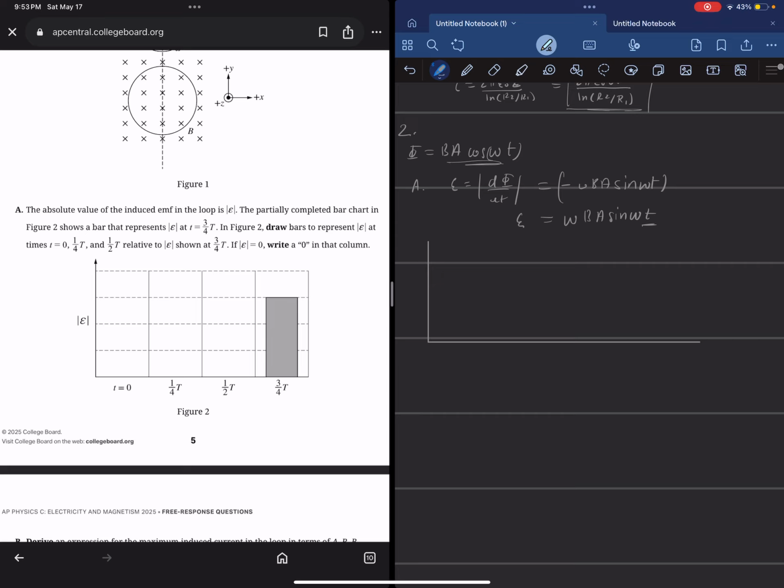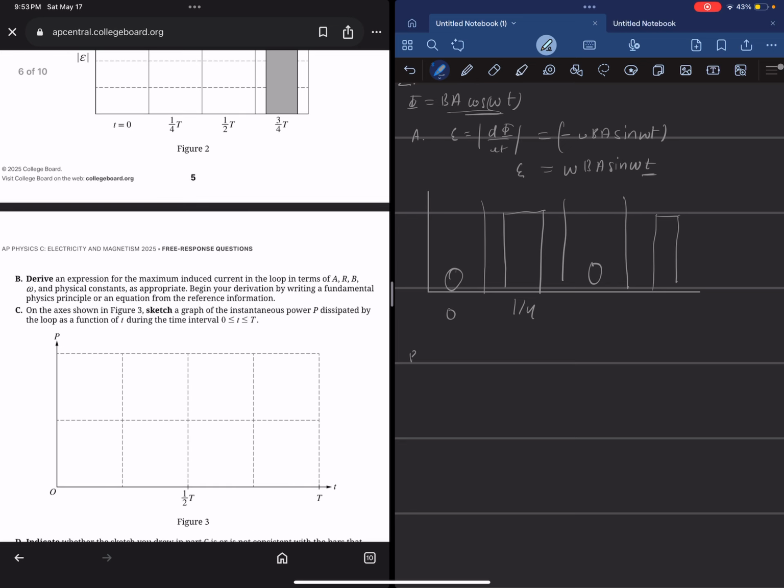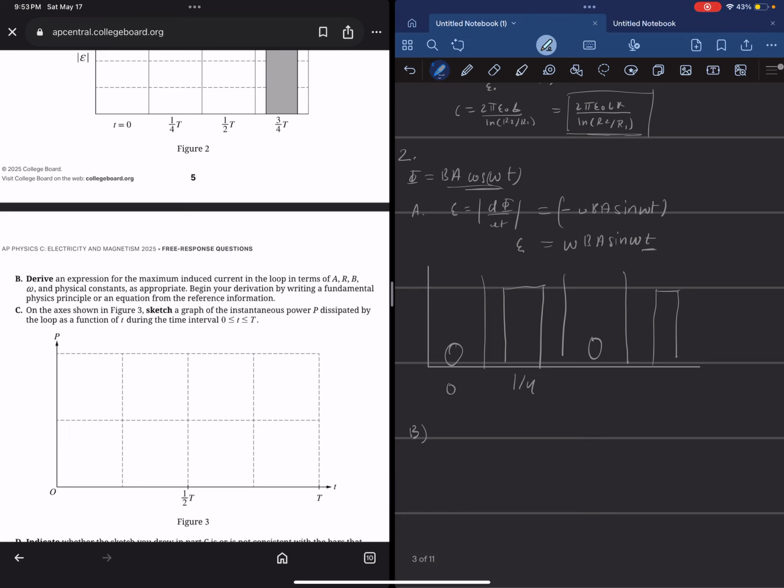So at time equals 0 it's going to be 0. This is going to equal your EMF at, no, sorry, it's not 1/2, it's 1/4. It's going to equal your EMF at 3/4, and at 1/2 this is going to be 0. This is all based on the angle, where omega equals 2 pi f.